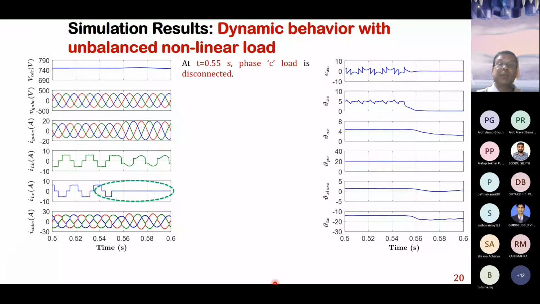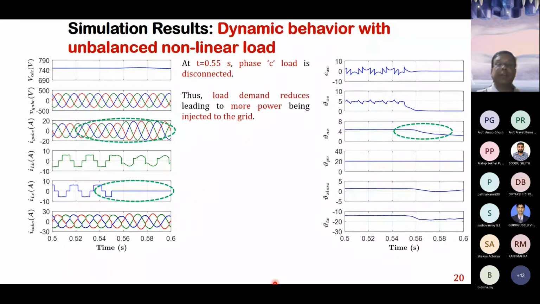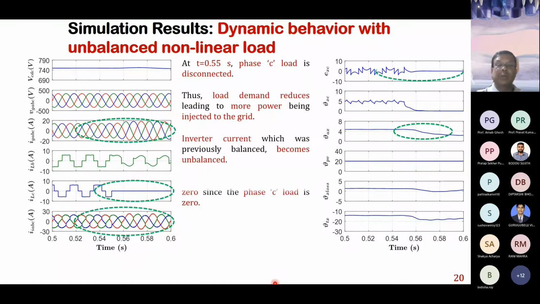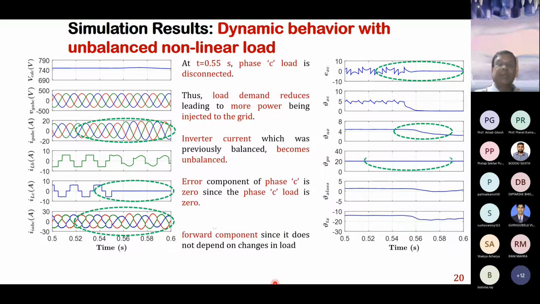And this is the case too for the dynamic behavior when we connect an unbalanced load. So what happens here is that at 0.55 second, phase C load is disconnected. If the phase C load is disconnected, the load demand reduces, and therefore more power is injected to the grid.